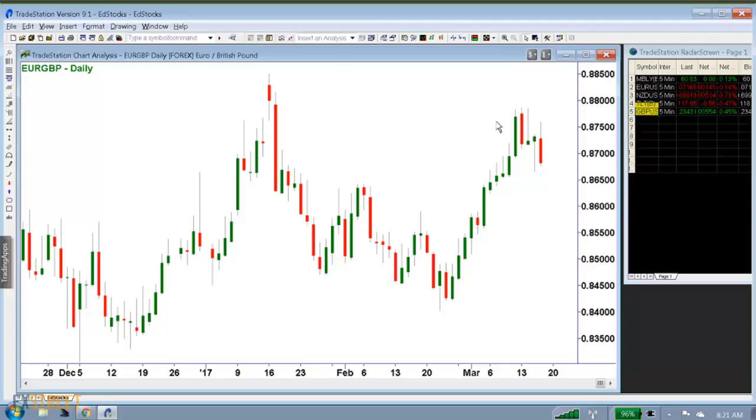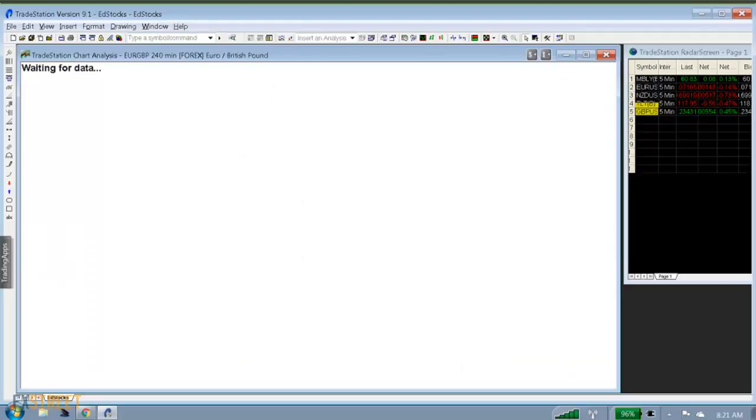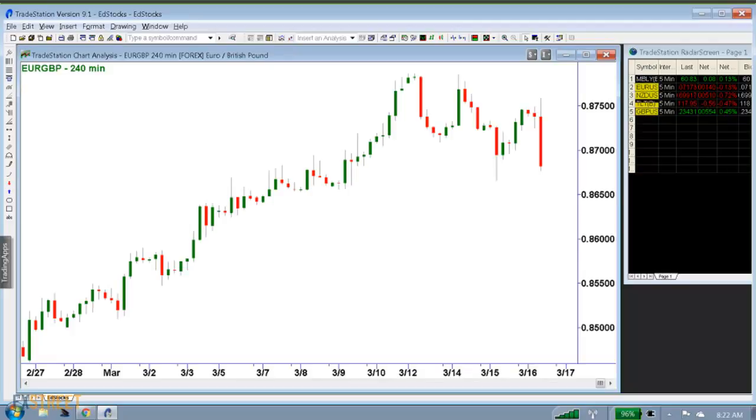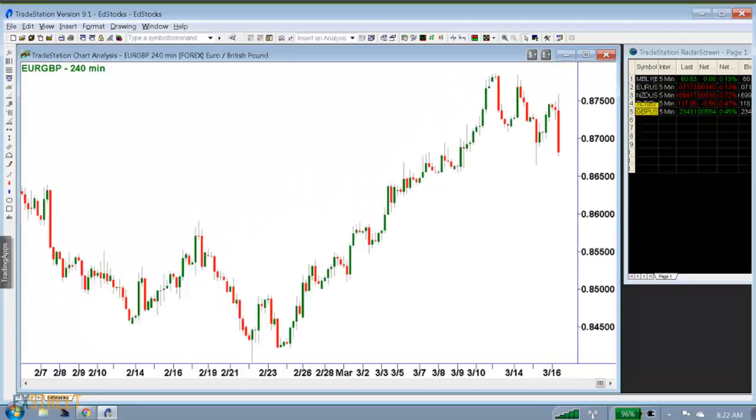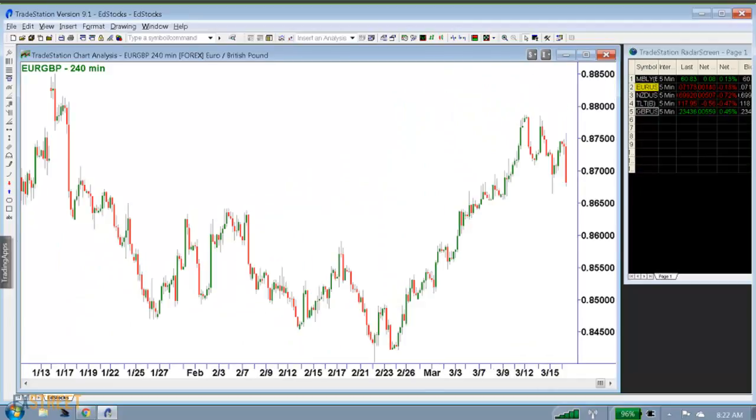Let's go to a smaller frame here. I'm going to work my way down to the 240 minute. And again, just so that you're aware, these are just technical setups. These are not recommendations. I see 3 higher lows, 3 highs. High, lower high, lower high, right?